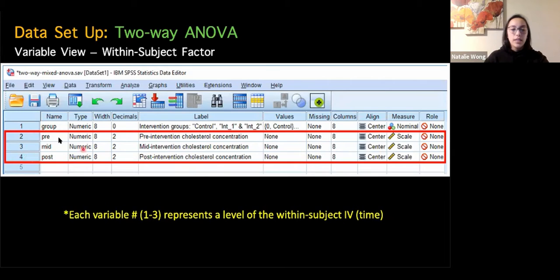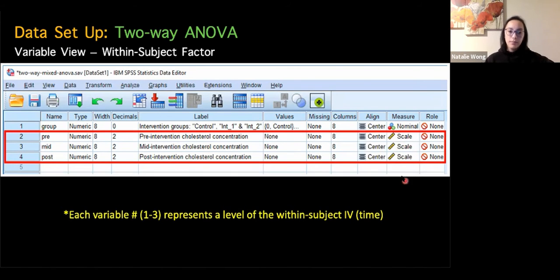And because each of those variable columns are going to have the measured cholesterol concentration, that variable is ratio or scale data. So all of our within subject levels should be listed as scale. Okay.